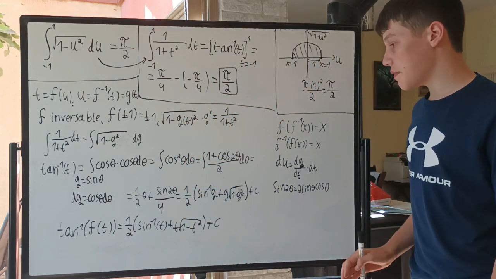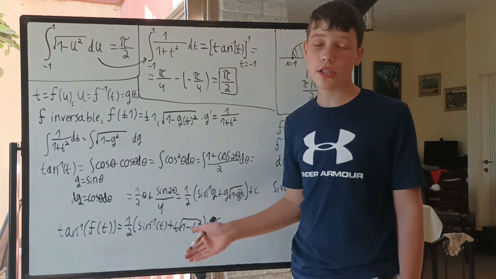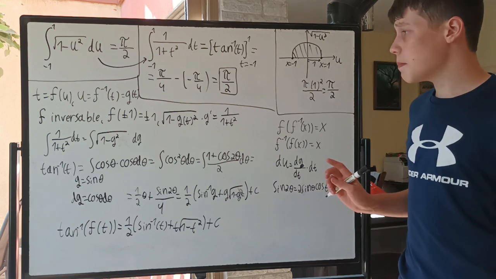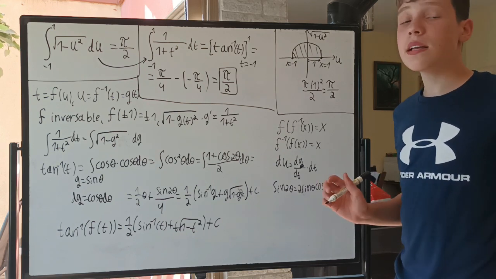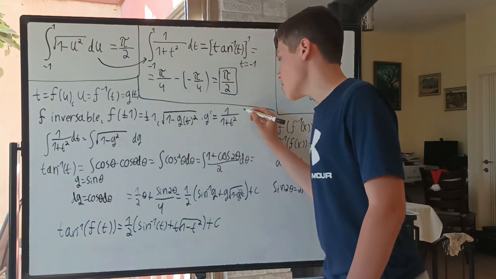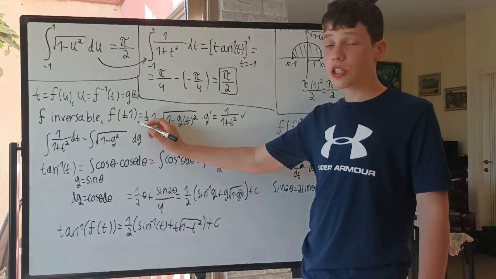Okay? And then if we apply tangent on both sides, we'll get f of t. But before doing that, I want to satisfy these other two conditions. So I satisfied this condition. Now let's move on to this condition.